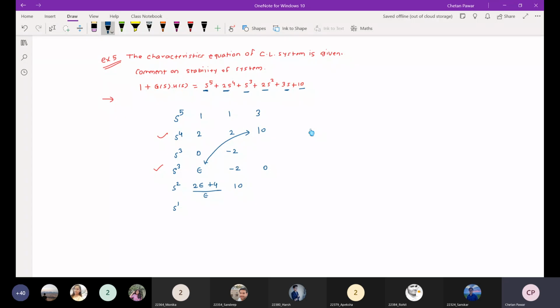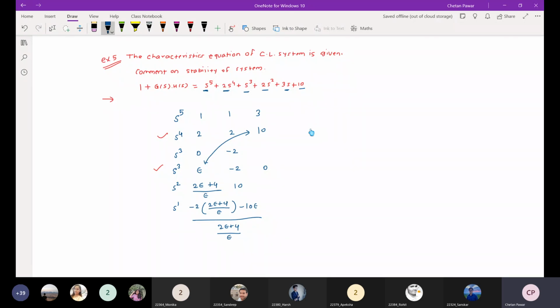Now by using the elements of the s square row and the s cube row, we will form the element of the s raised to 1 row. So that will be 2 epsilon plus 4 by epsilon into -2, minus 10 into epsilon, divided by 2 epsilon plus 4 by epsilon. I will just take it like this: minus 10 epsilon divided by 2 epsilon plus 4 divided by epsilon.